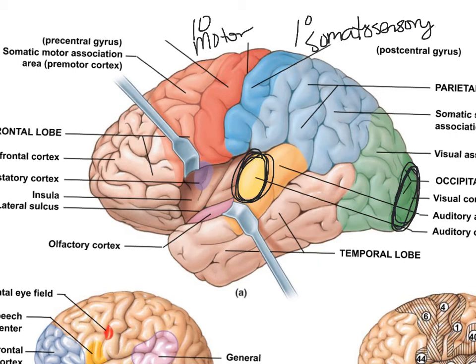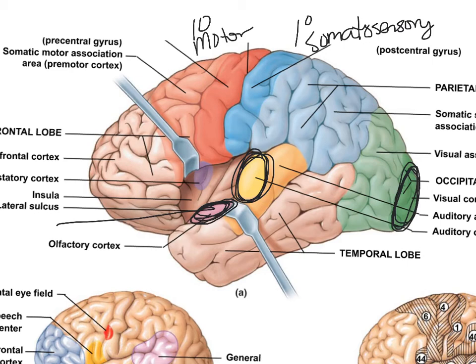We also have an area in the temporal lobe called the olfactory cortex. Everything you're smelling goes back through the olfactory nerve directly to the olfactory cortex. It does not stop in the thalamus. That's the only one that doesn't.